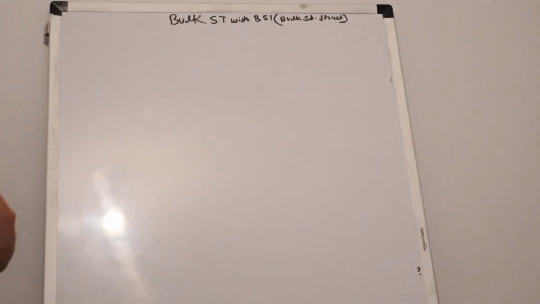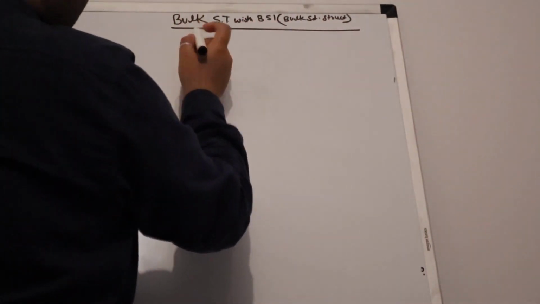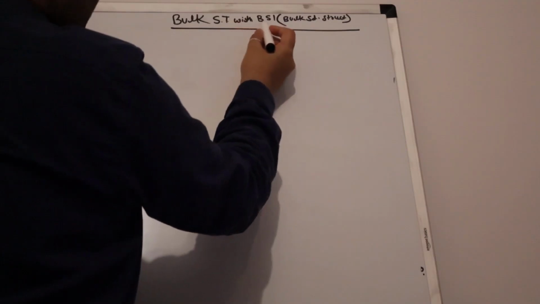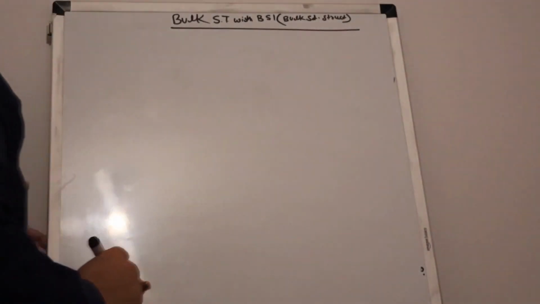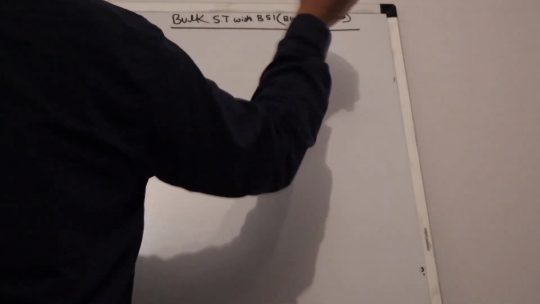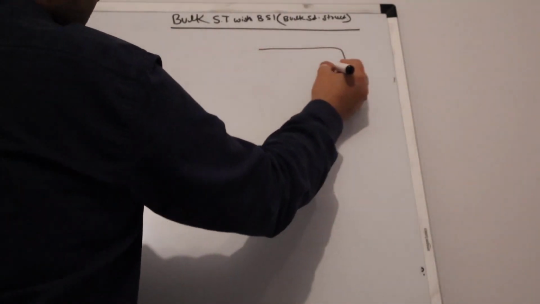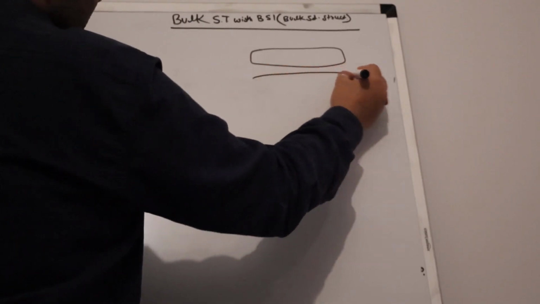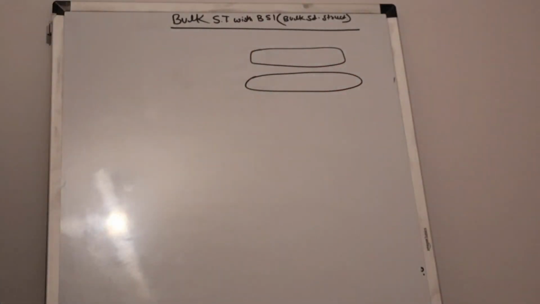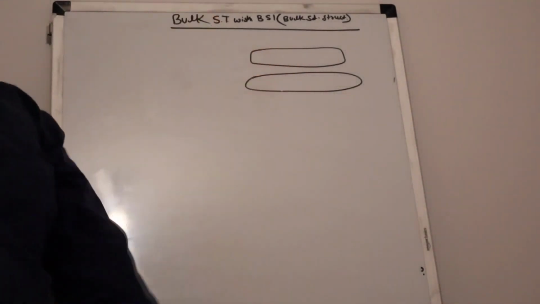Here I will demonstrate. Our demo topic today is bulk storage type with bulk storage indicator, or bulk storage structure, in short form struct. Suppose you have cement bags, or some rice bags for example. Our requirement is to put these bags in the warehouse.